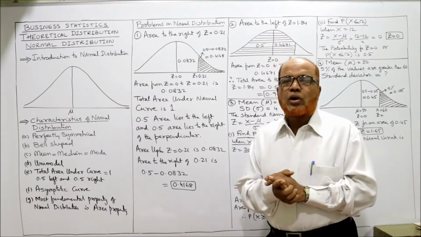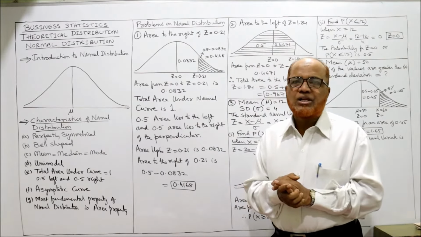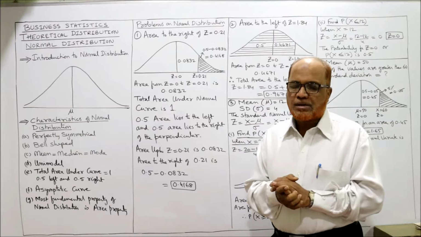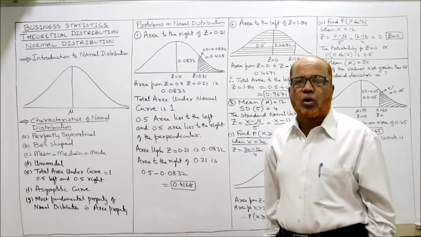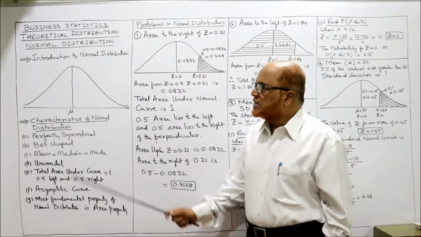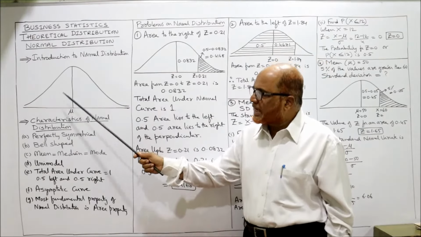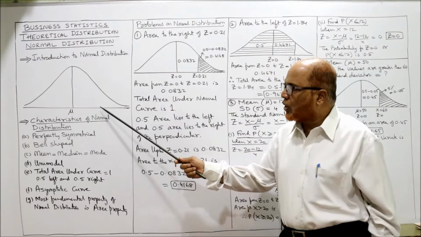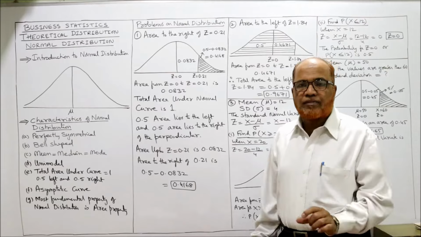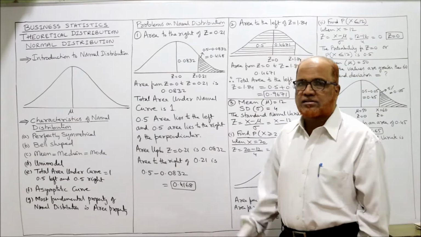The graph called the normal curve is a bell-shaped curve. This is the graph. It's a bell-shaped curve whose tails extend indefinitely, coming closer and closer to the horizontal axis, but without touching the horizontal axis.